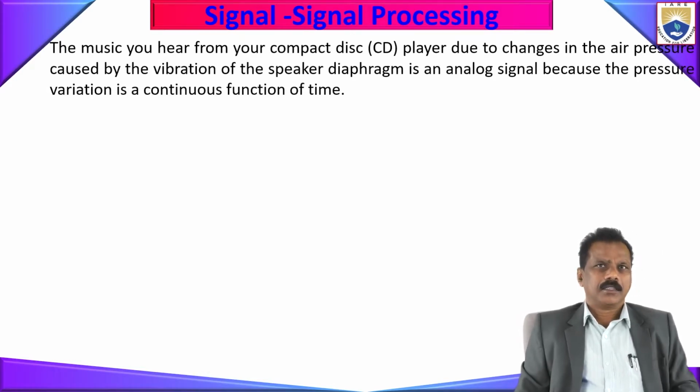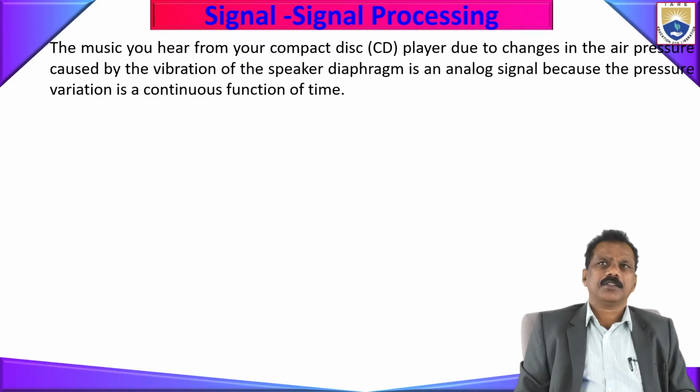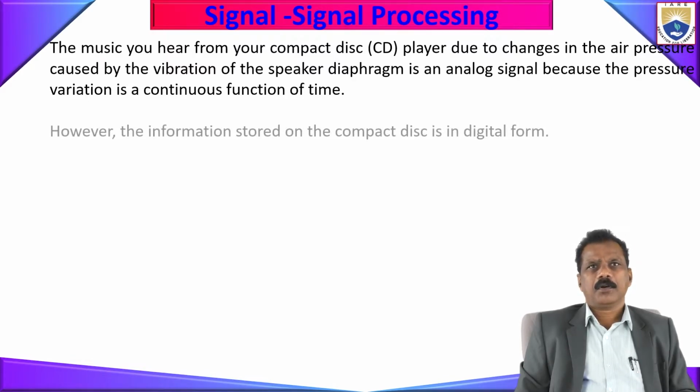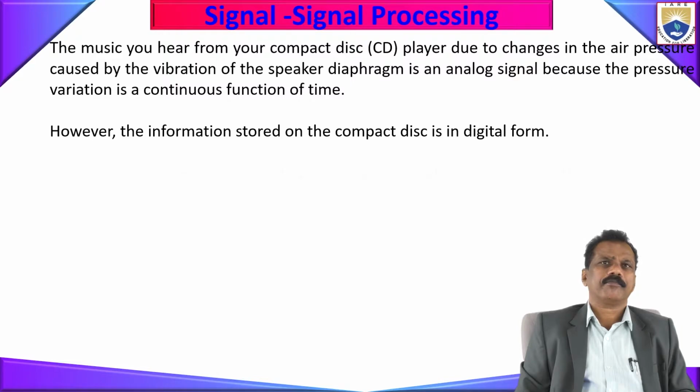In the music we hear from a computer disc or CD player, the change in the air pressure caused by the vibration of the speaker diaphragm is an analog signal, because the pressure variation is a continuous function of time. However, the information stored on the compact disc is in digital form.